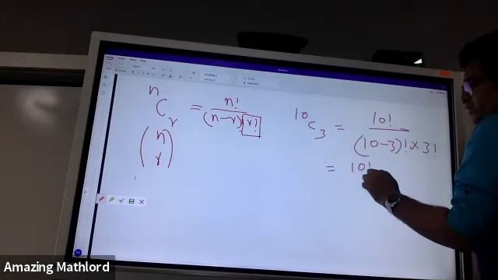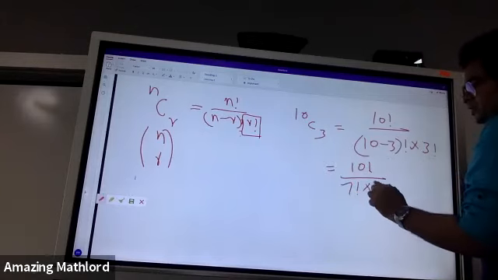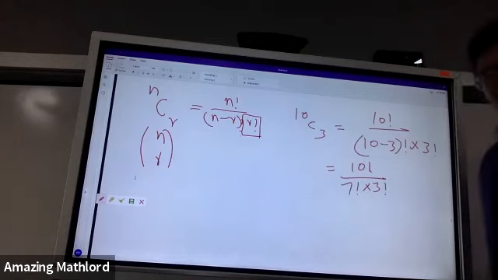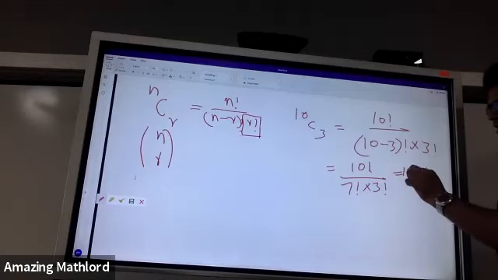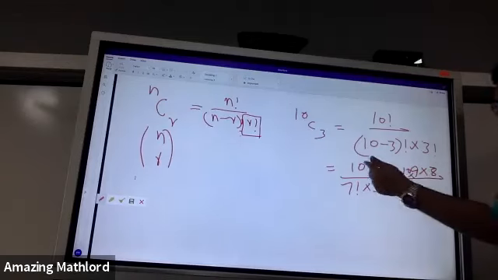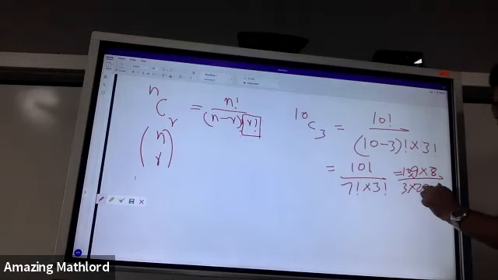So 10 factorial upon 7 factorial times 3 factorial. This is nothing but the same answer, which is 10, 9, 8 upon, if you simplify this, 3, 2, 1.